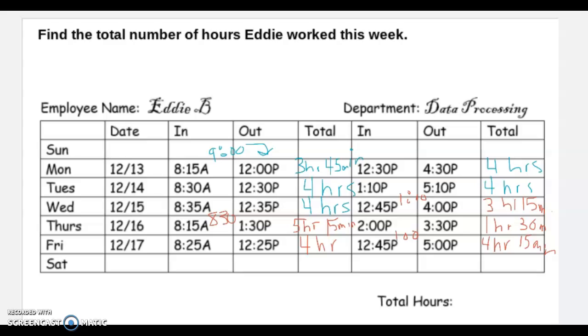So I think your best bet would be possibly circling your whole hours first. So let's take a look at that. I'm going to do a different color. So on Monday we have 3 hours in the morning and 4 hours at night. So that's 7 hours.